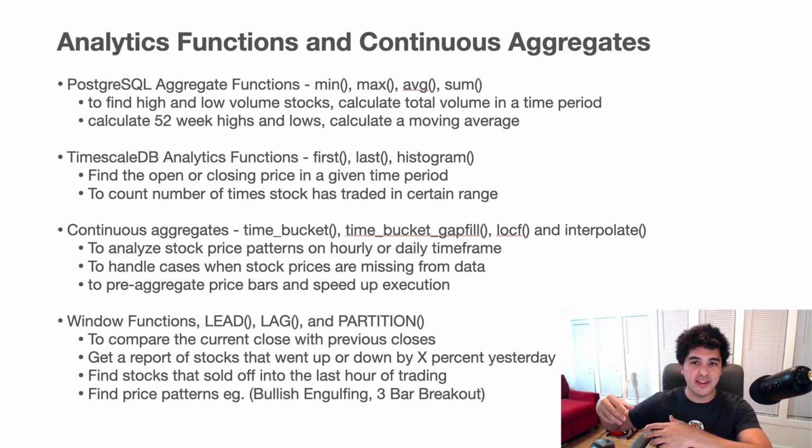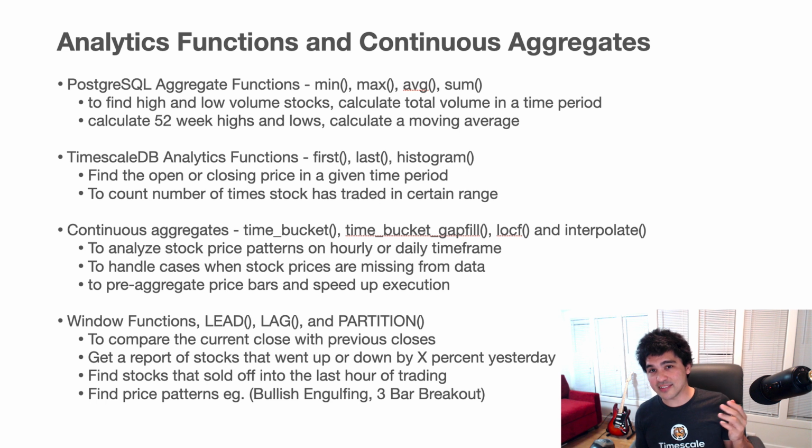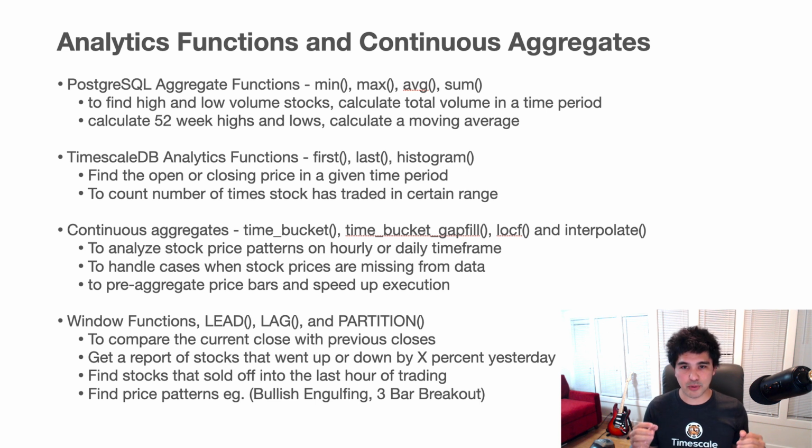We want to build a UI and say, show me the top movers, which stock moved up or down the most since yesterday or since last week or any arbitrary time period. Or we might want to look at stocks that just sold off during the last hour of trading or spiked in the first hour of trading. And since we have these 5-minute bars, we can run all these lead and lag functions to compare one bar to the previous bar. And we'll find some useful information that way.